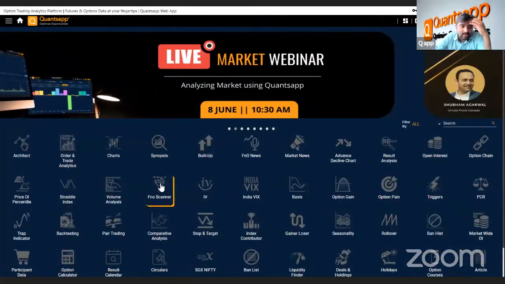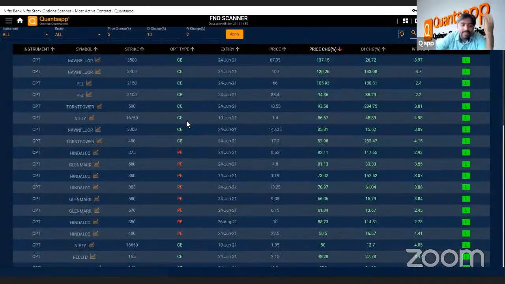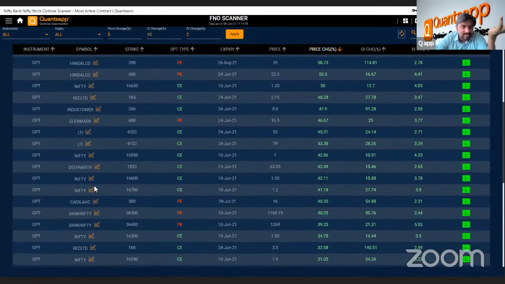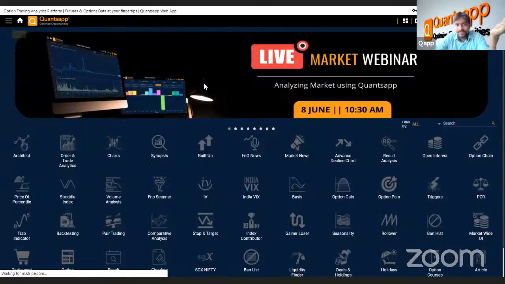Okay, now we'll talk about the F&O scanner. Here probably we'll get that. You can see some changes in this, but again very small changes, 40%, 15%, which is pretty usual for Nifty, right?